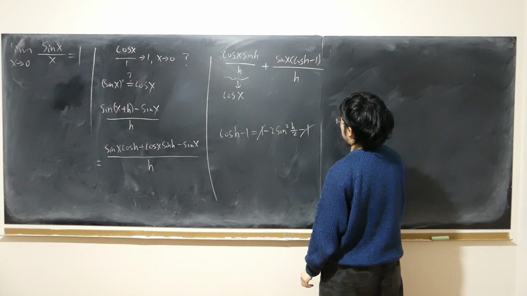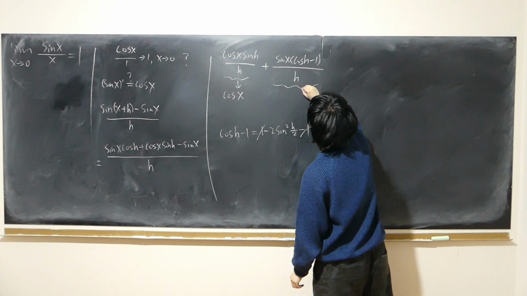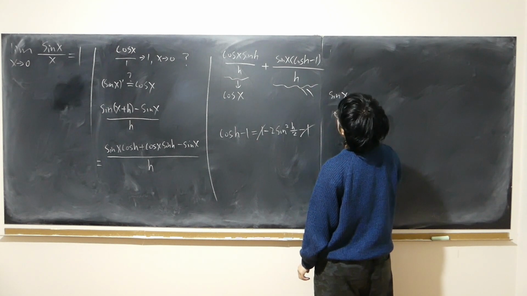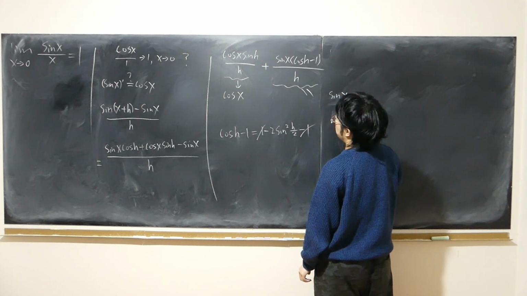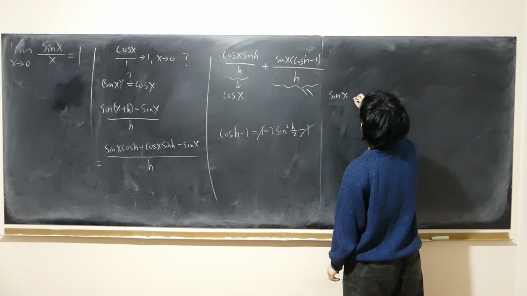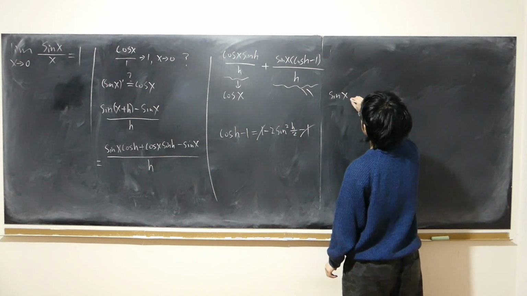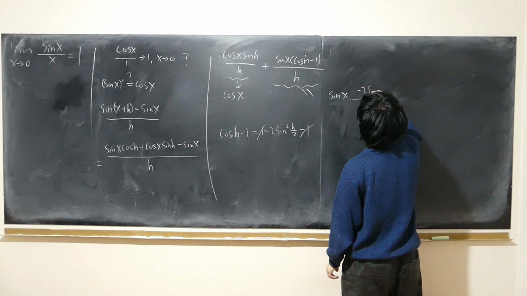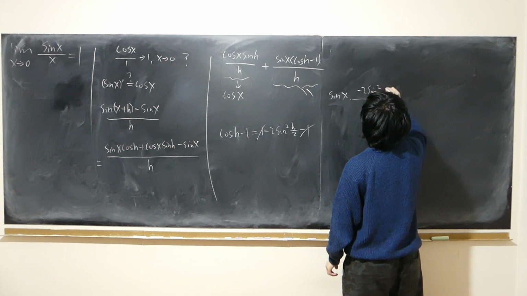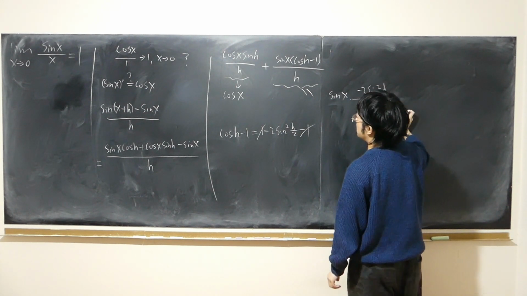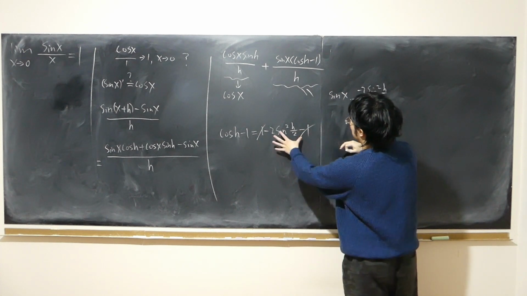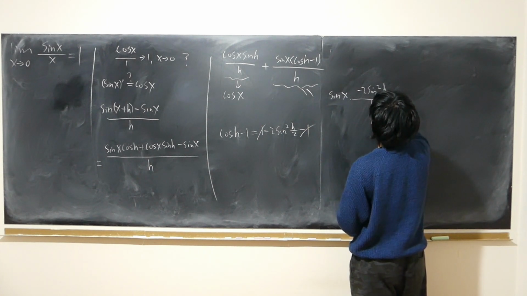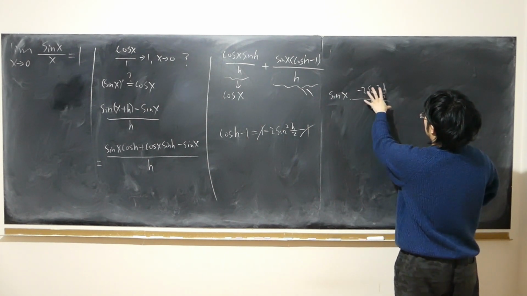So in the end, this part actually equals sine x times minus 2 times sine squared half h. Cosine h minus 1 is this, then over h.